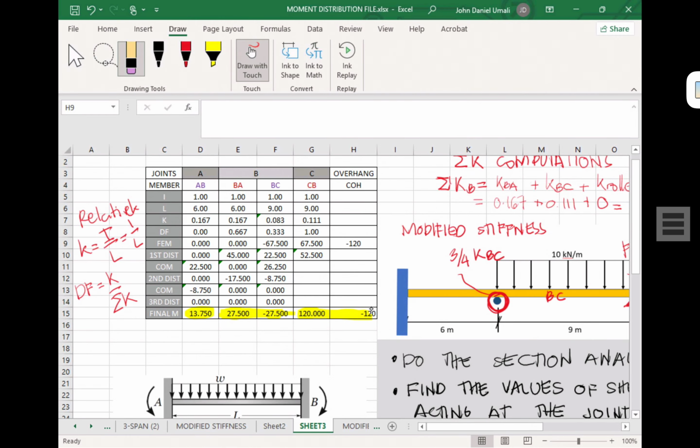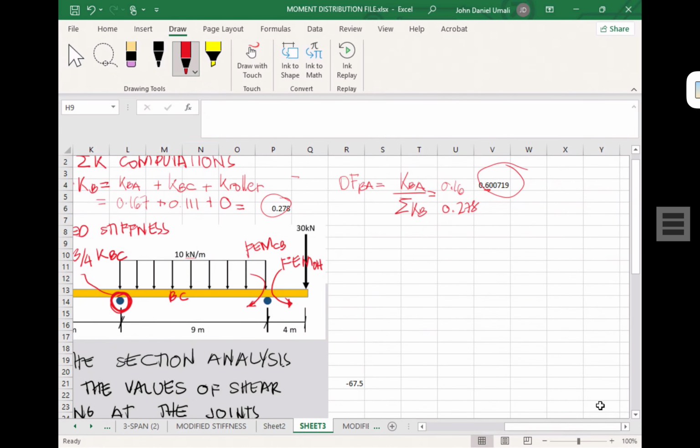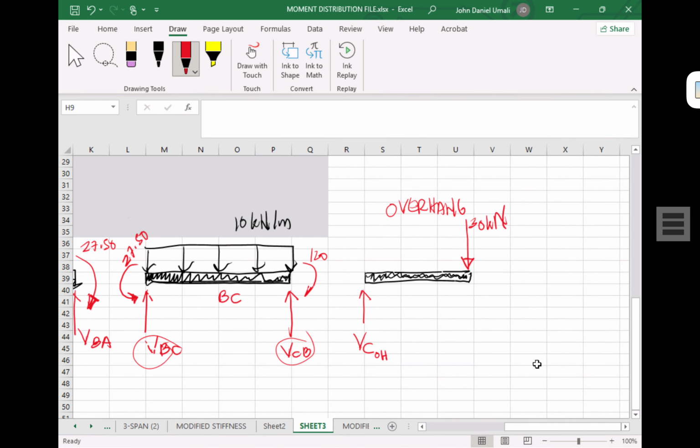Wait lang, nag-lag siya. Anyway, ayaw ma-erase eh. Ito, negative 120. So that indicates a counterclockwise moment. Counterclockwise na 120. Ayan. And then you do the analysis of each.